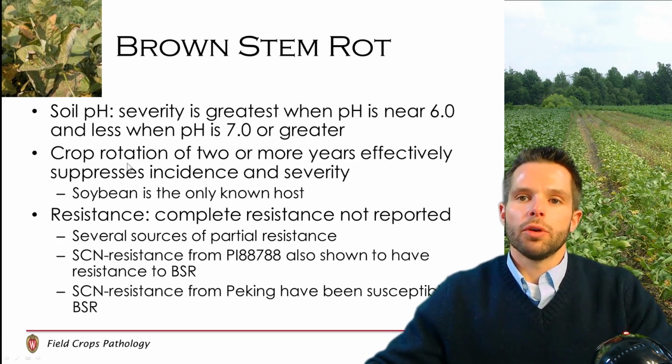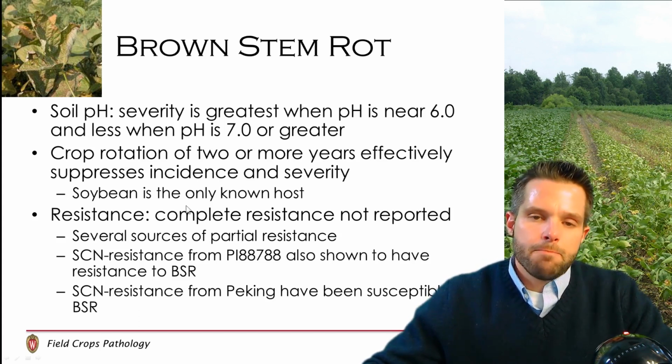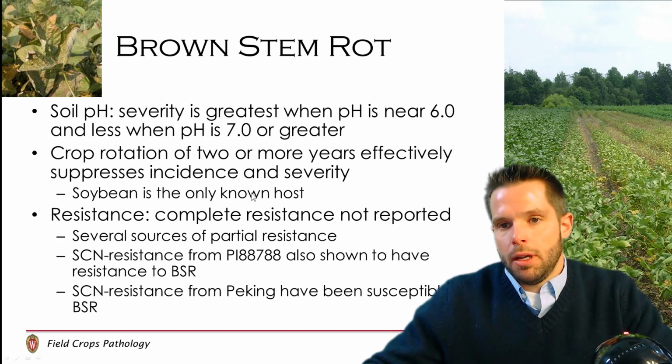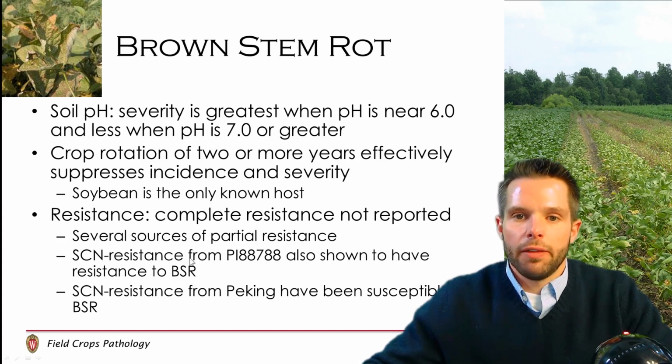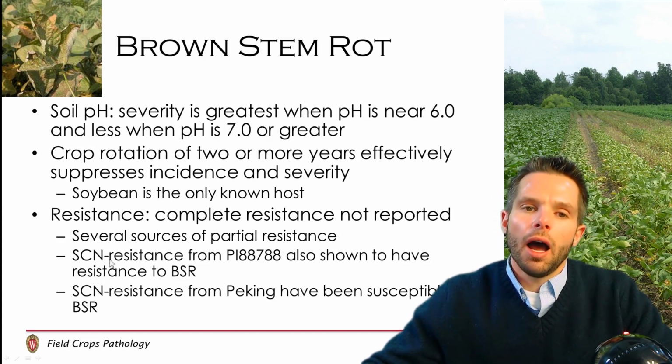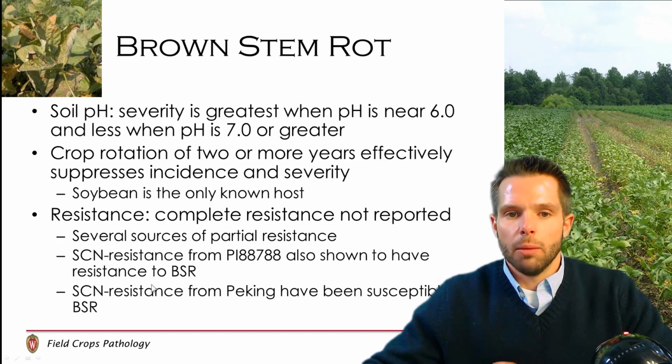Crop rotation of 2 or more years effectively suppresses the incidence and severity of this disease, so rotation can be very important here. And then resistance, no complete resistance has been reported for brown stem rot. However, there is some partial resistance out there, and we know that SCN resistance, or soybean cyst nematode resistance, from PI 88788 can be in part resistance to brown stem rot as well.